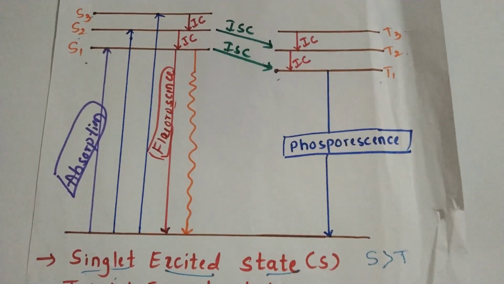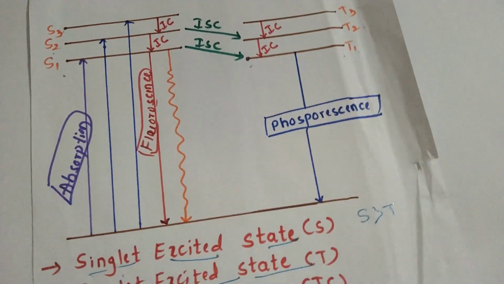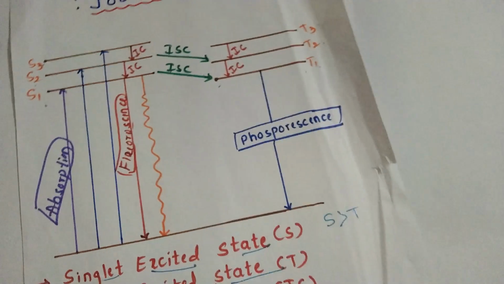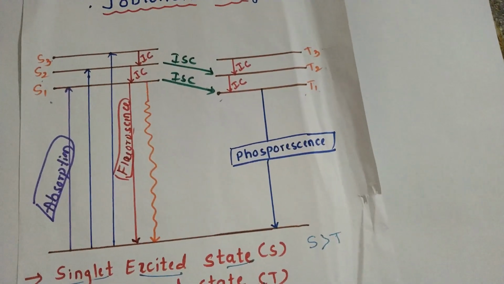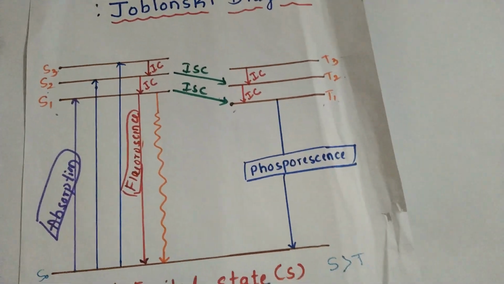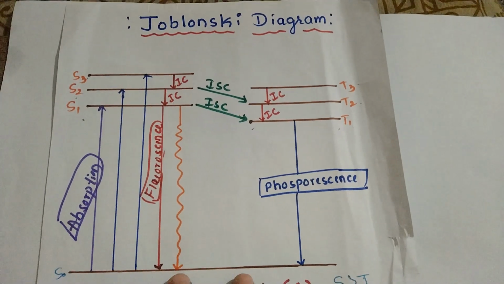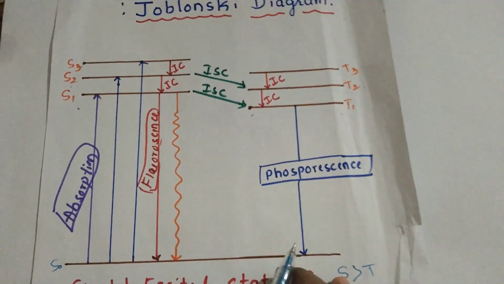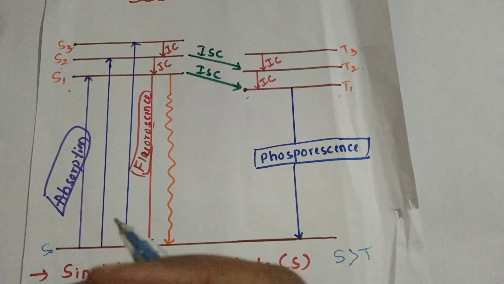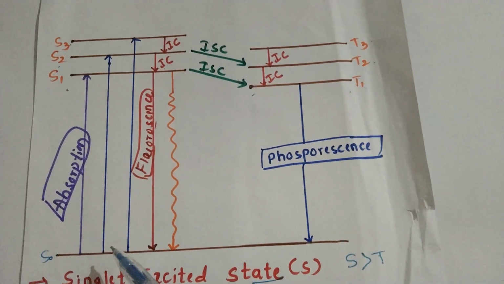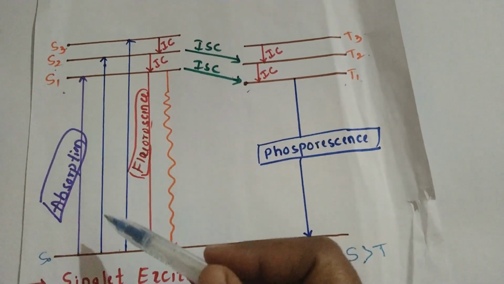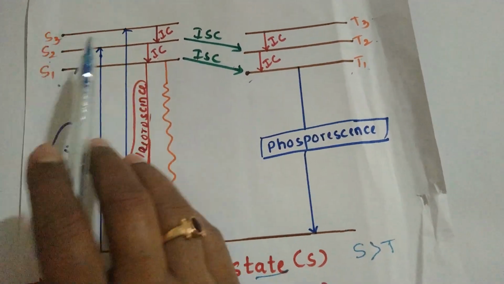Now when certain radiation falls on a molecule, some electrons absorb energy and jump to a higher energy level. It may be S1, S2 or S3.